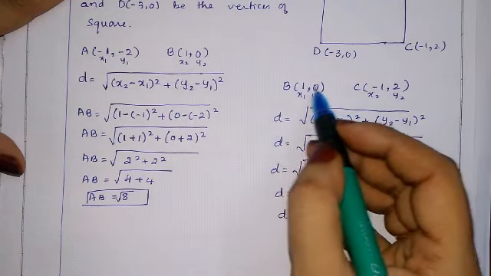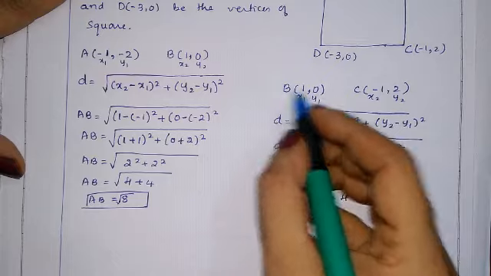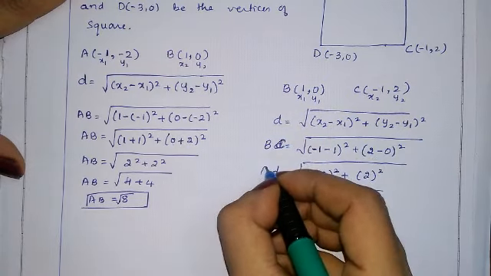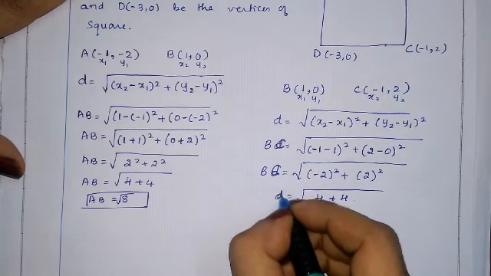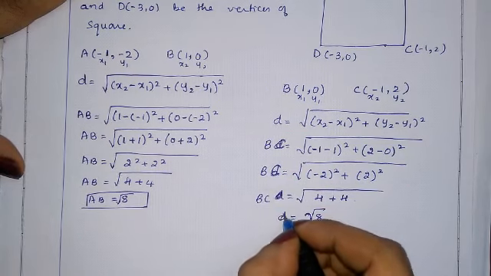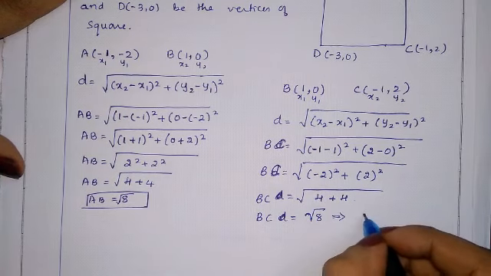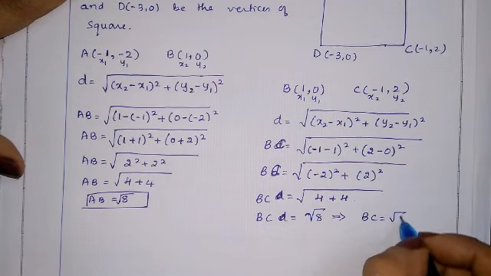Sorry, in place of D we have to write BC. BC is equal to root 8.